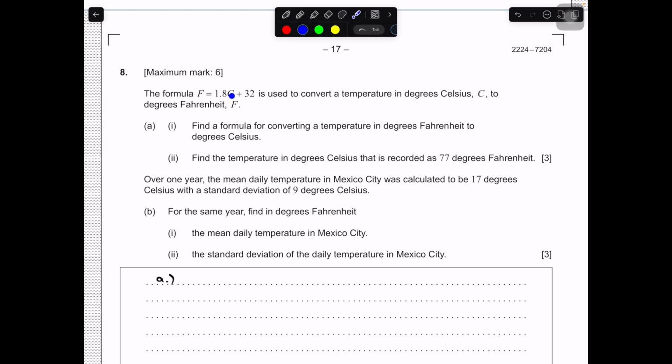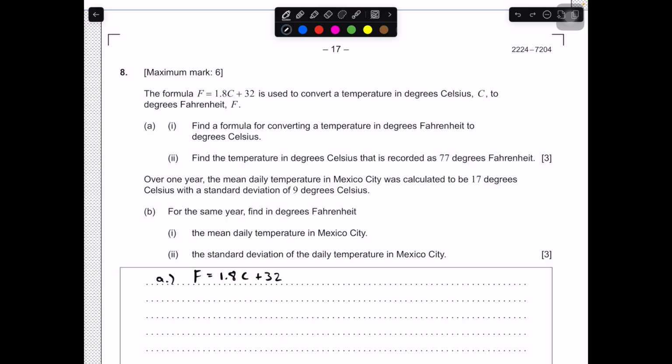Right now we put in C, some value of Celsius, and it gives us Fahrenheit. We want to find a way where we can convert Fahrenheit into Celsius. Right now we've got this: Fahrenheit is equal to 1.8C plus 32. We want to find a way to get C all by itself and input Fahrenheit.